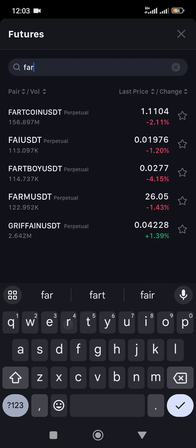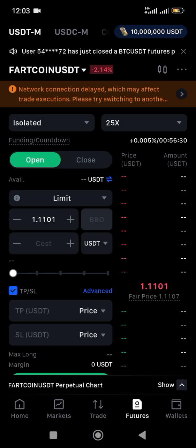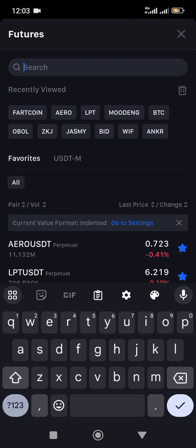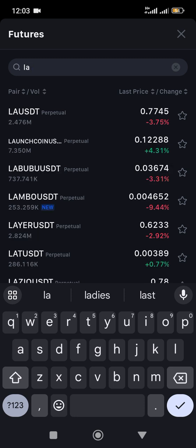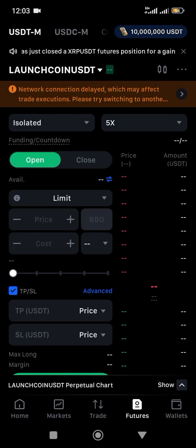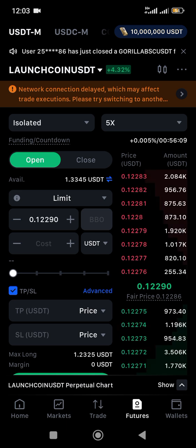You type fat coin. It will come up and you click on it and select it. Or you want to trade something like launch coin. Once you type in the name, it will come up and you choose it. To trade, you choose that particular trading pair.